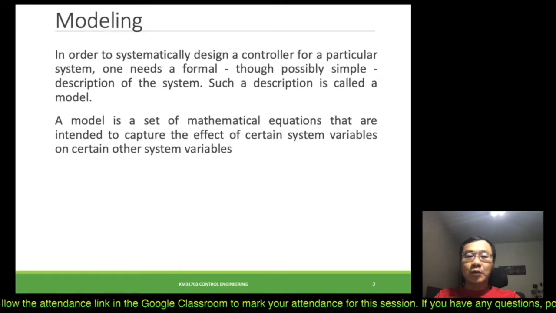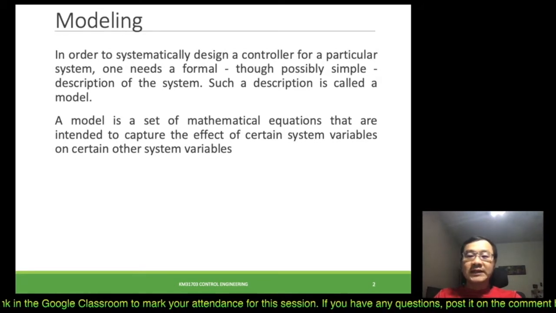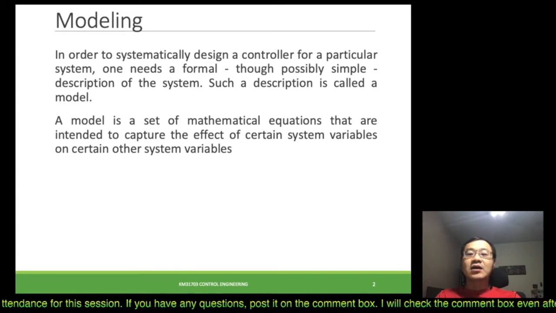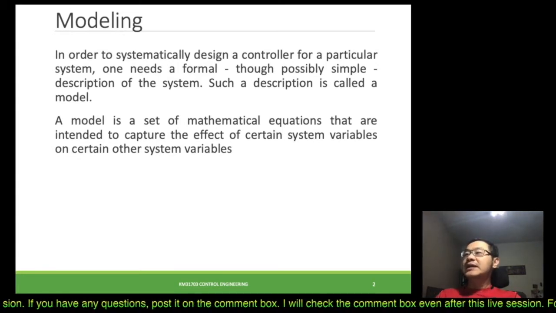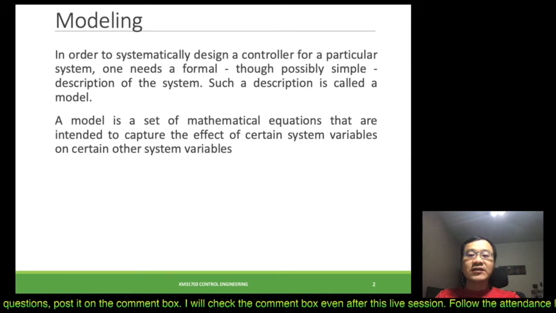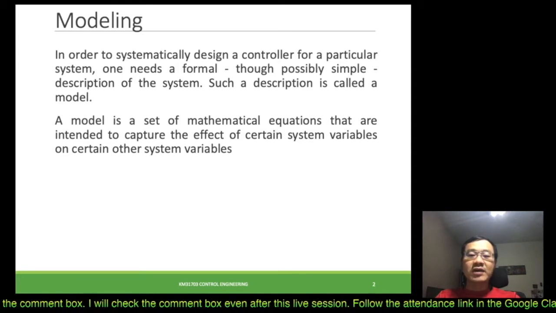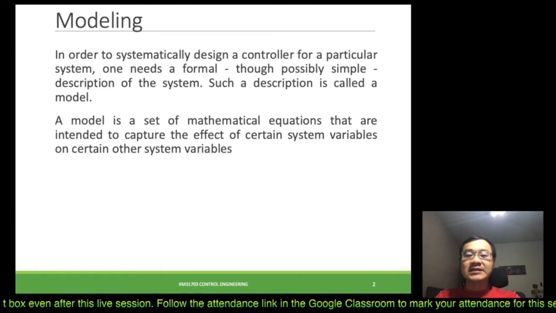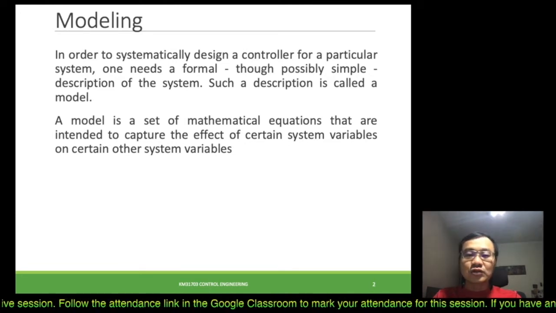First, modeling. Modeling in this sense refers to a set of mathematical equations that are intended to capture the effect of a system's variables responding to certain other variables acting towards the system.